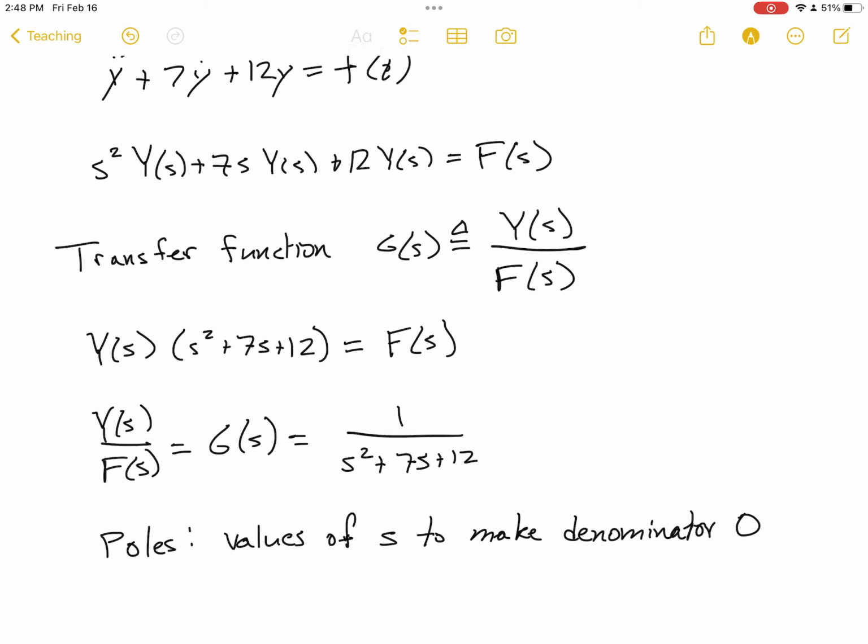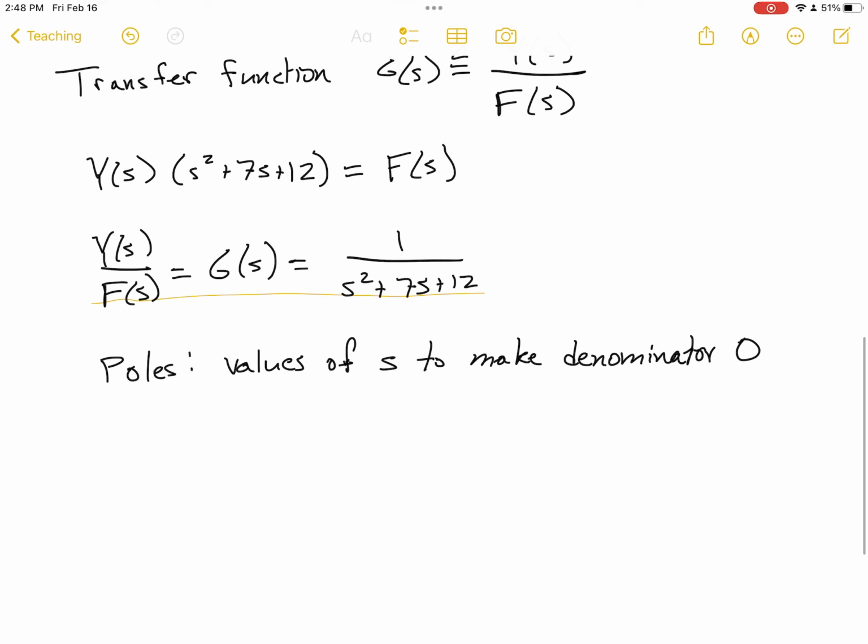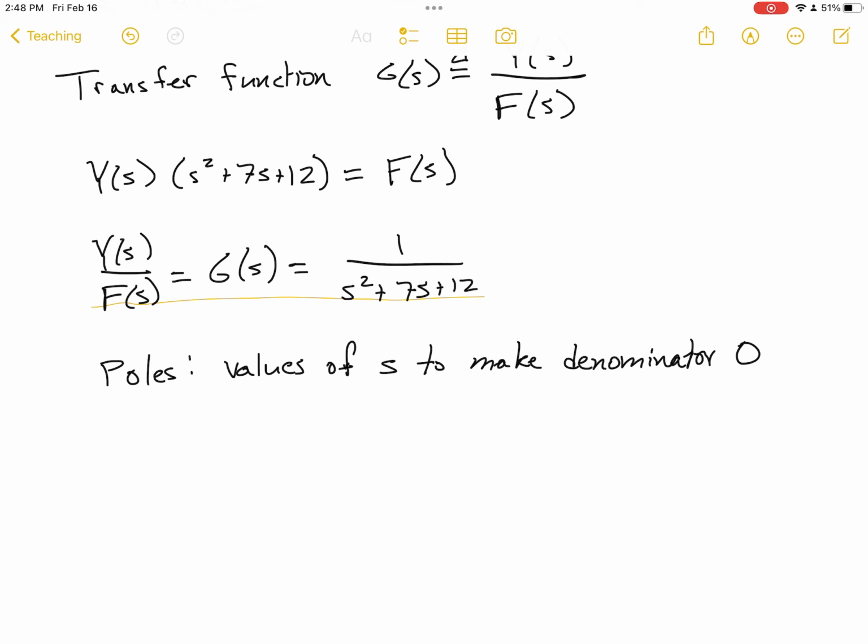So that s squared plus 7s plus 12 is the characteristic equation for this particular system. We're also going to introduce a term called the zeros of the function, which are the values of s that make the numerator 0. This one doesn't have any zeros, but if you had a polynomial in that numerator, it would have zeros.